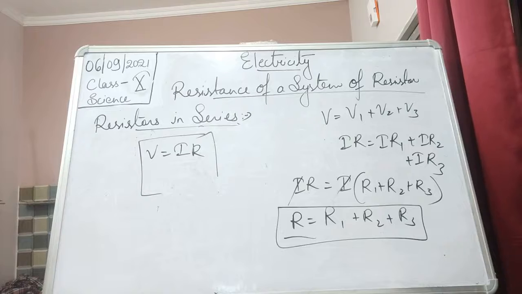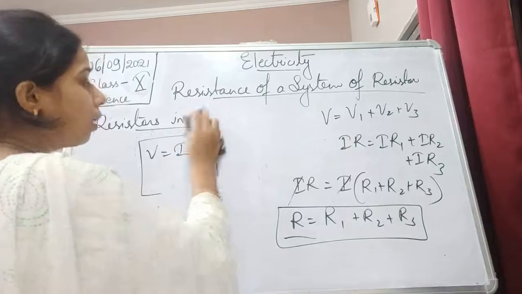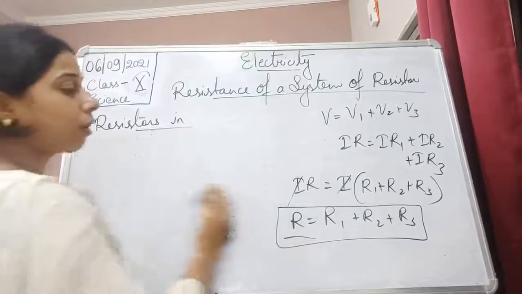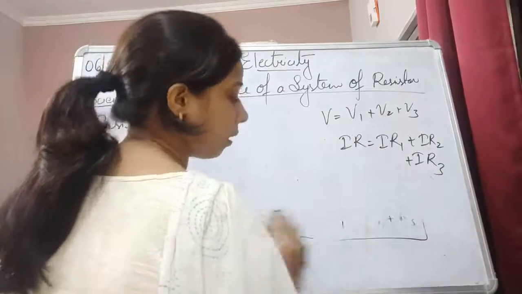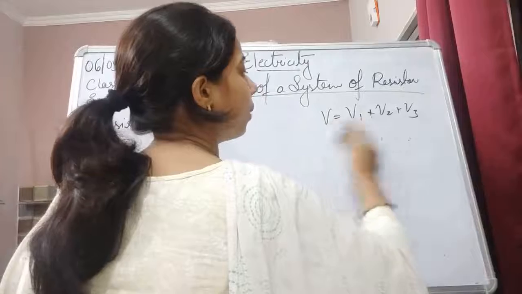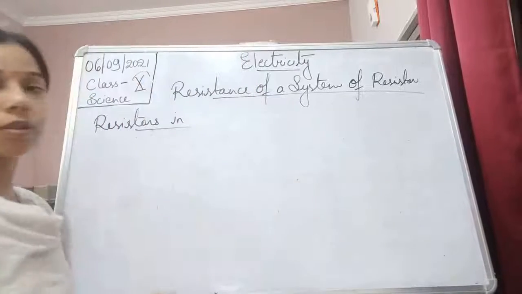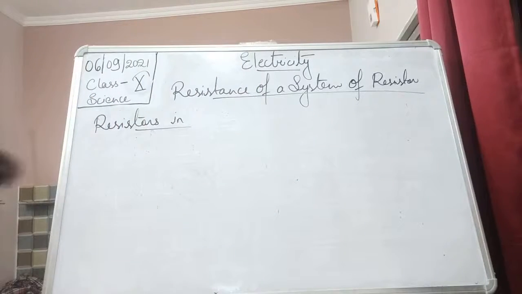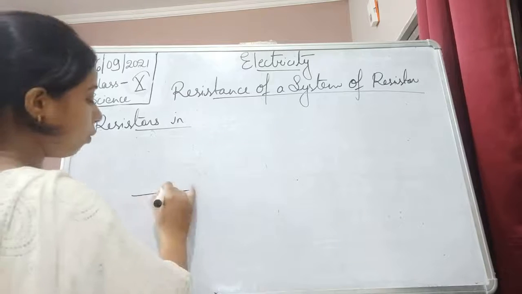The second method by which we can arrange the resistors in an electric circuit is in parallel. So let us see what kind of electric circuit it will be. Here a current is flowing through it.